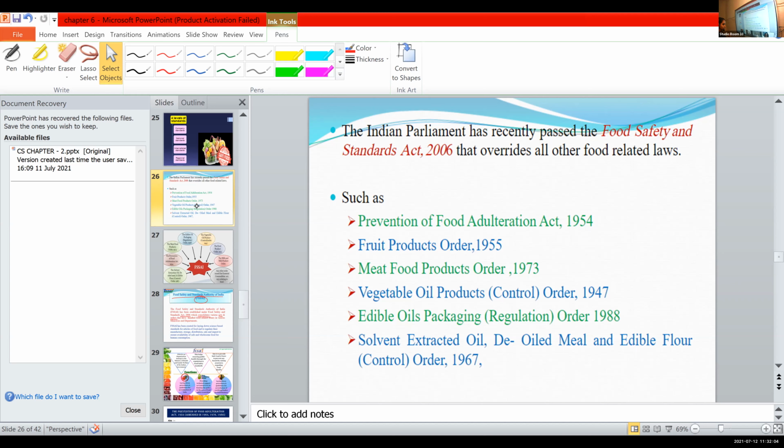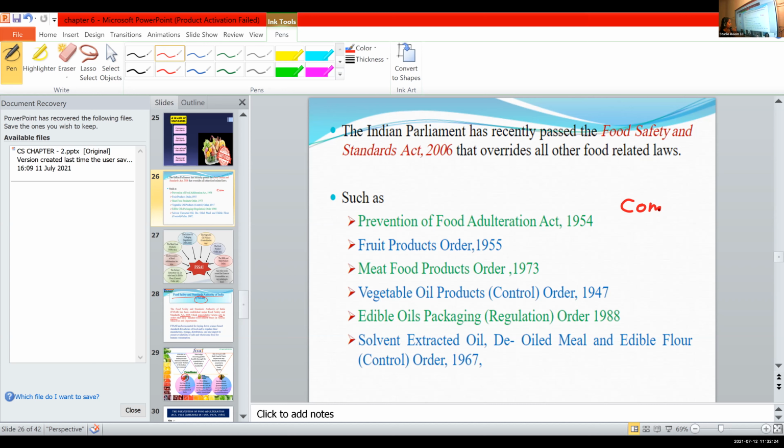All these acts come under the compulsory standards. Food standards are classified into two: compulsory standards and voluntary standards.